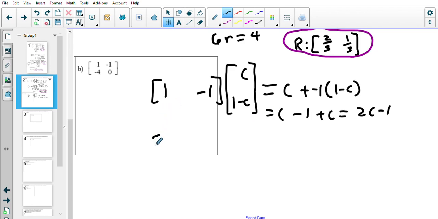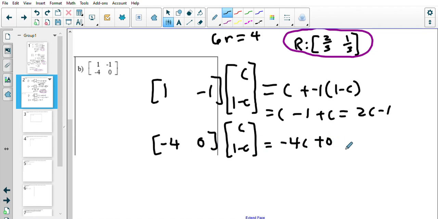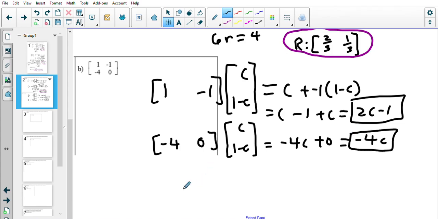And then they play that same column strategy against the second row, negative 4, 0, and C, 1 minus C. That gives us negative 4C plus 0, or negative 4C. Then we set these two results equal to each other. 2C minus 1 equals negative 4C.